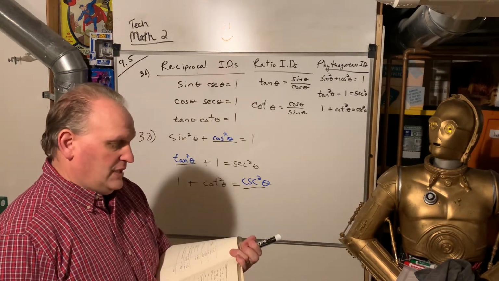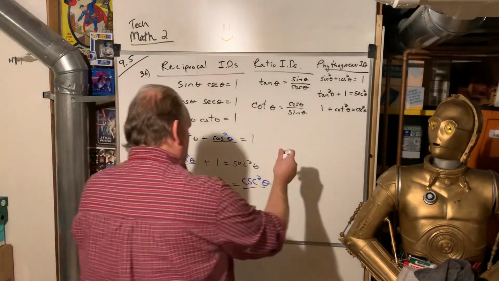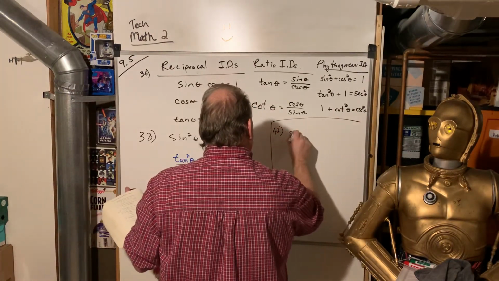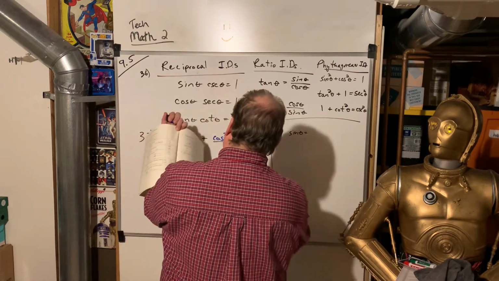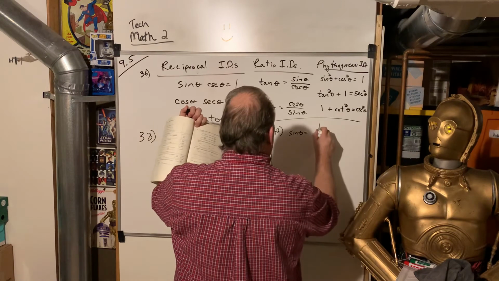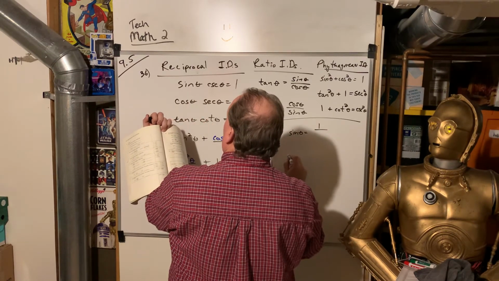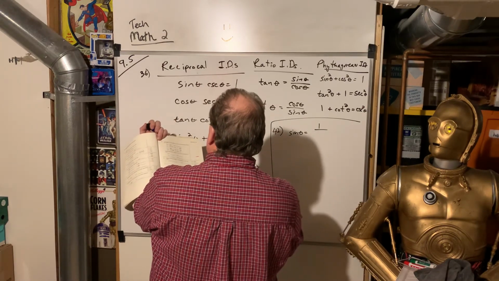And let's look at 42. What is the sine equal to? Sine theta is equal to 1 over what? Oh wait, they want everything, huh? Okay.